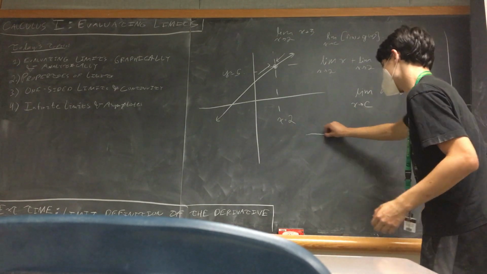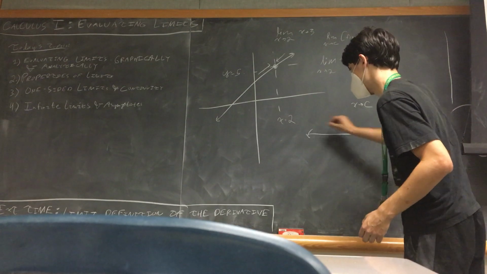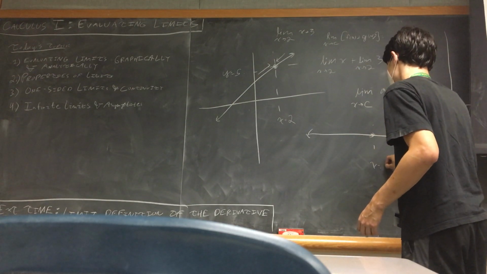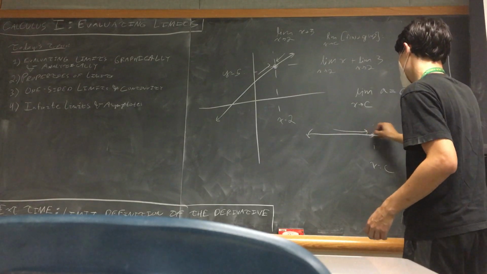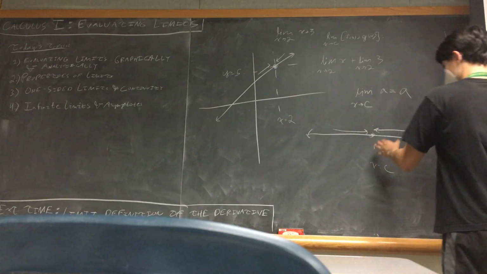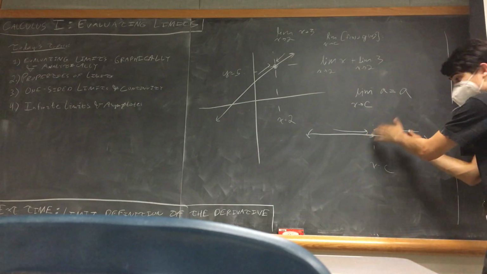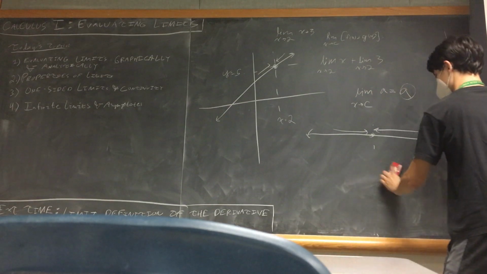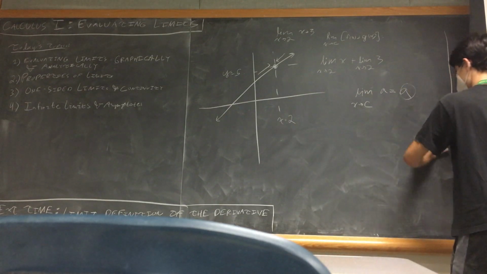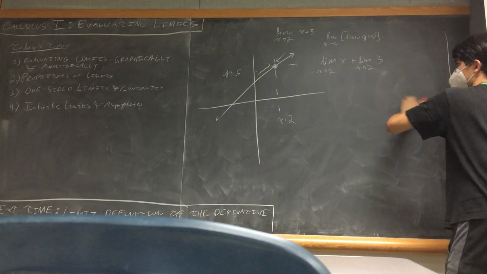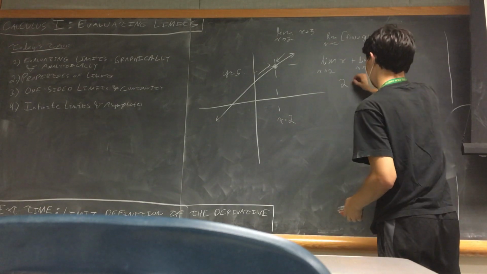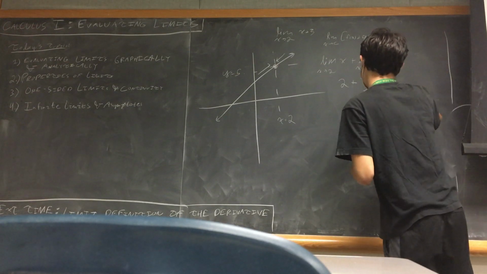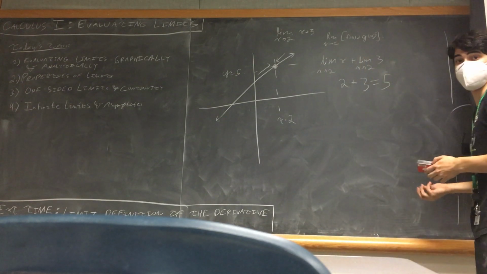Because what you've got is a straight horizontal line, and you pick a point, let's say x equals c, from the left and from the right, that graph is approaching the value a at x equals c. So the limit as x approaches 2 of x is 2, plus the limit as x approaches 2 of 3 is 3, and this gives us 5.